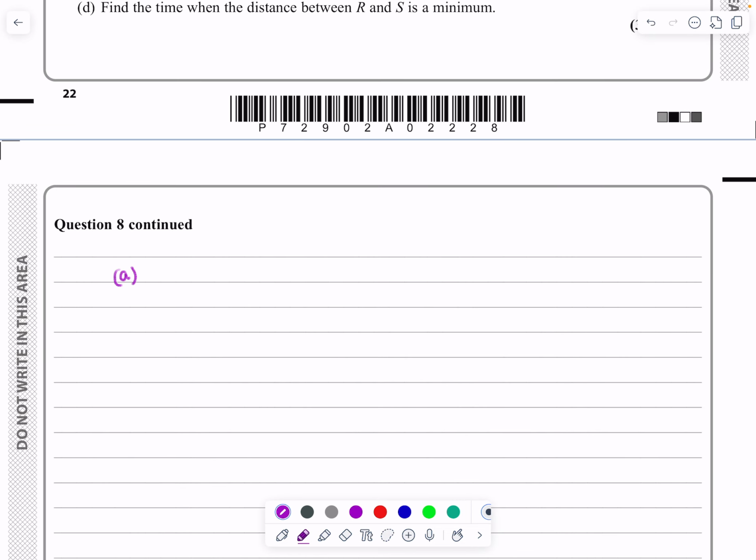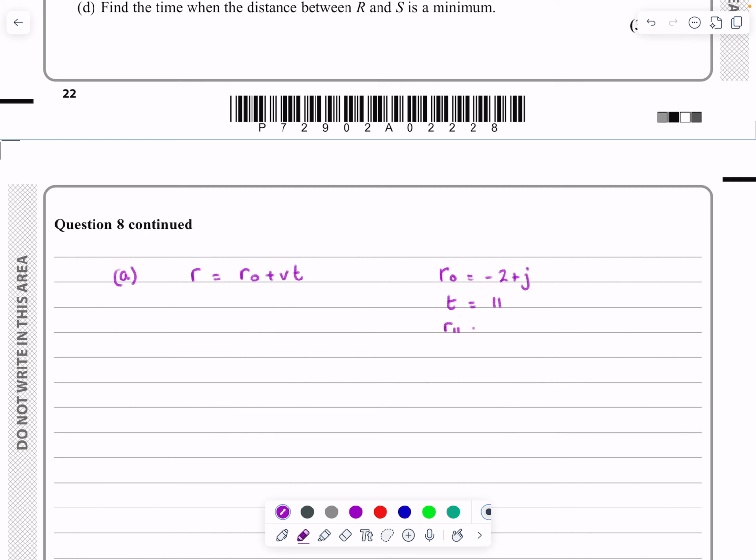Part A, so I'm going to be using r equals r0 plus vt. What have we got for part A? Actually slightly unusual. We've got r0, that's standard, minus 2i plus j, but actually it tells me that t is equal to 11, and it tells me where it is. It tells me r11 if you want.